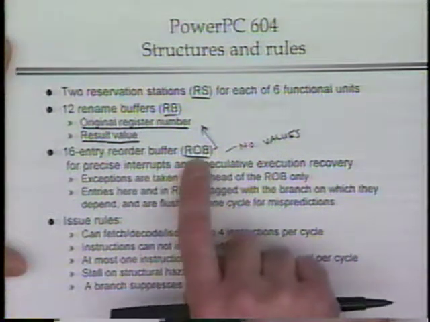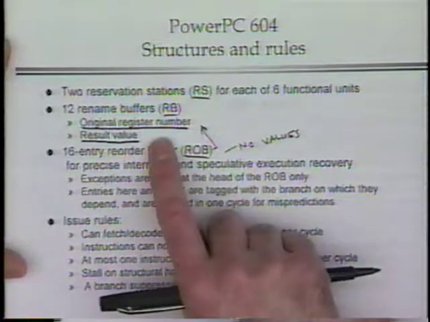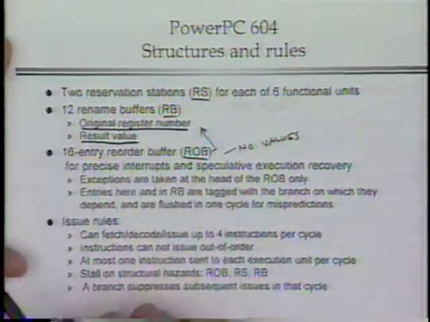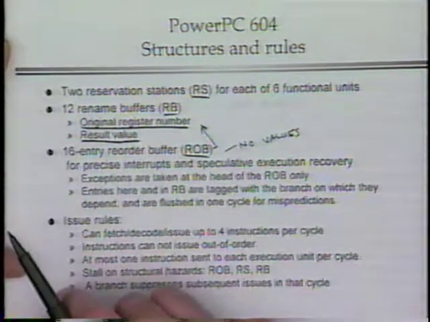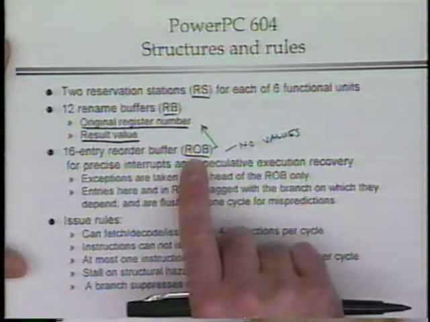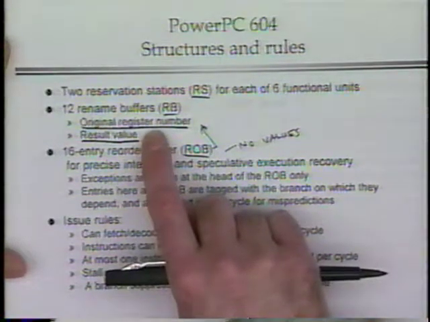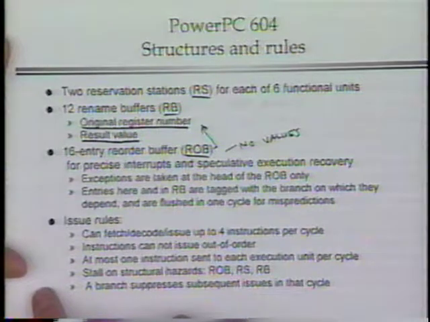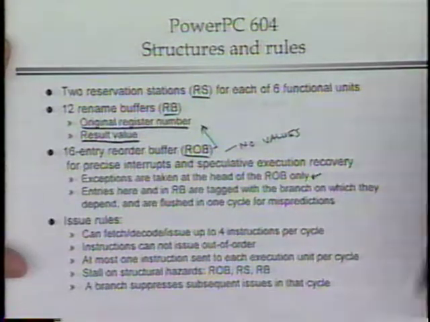But rather than maintaining a slot in the reorder buffer for the value, it points to a rename buffer where the result will eventually get put. And the rename buffer contains also the original register number so that when the reorder buffer gets to the head of the list, the corresponding result in the rename buffer can get stored into the register file. As before, exceptions are taken when they get to the head of the reorder buffer.